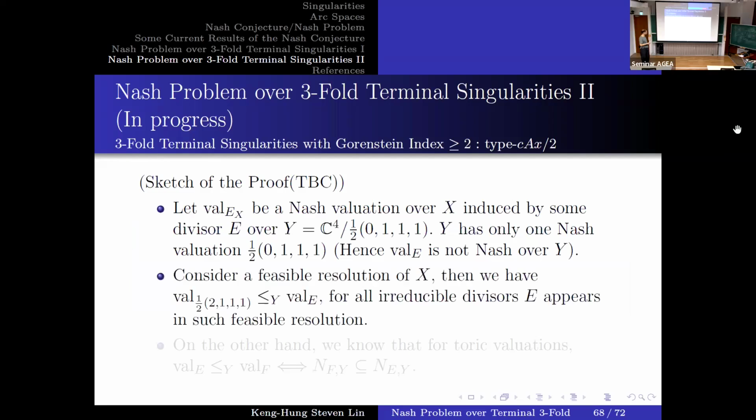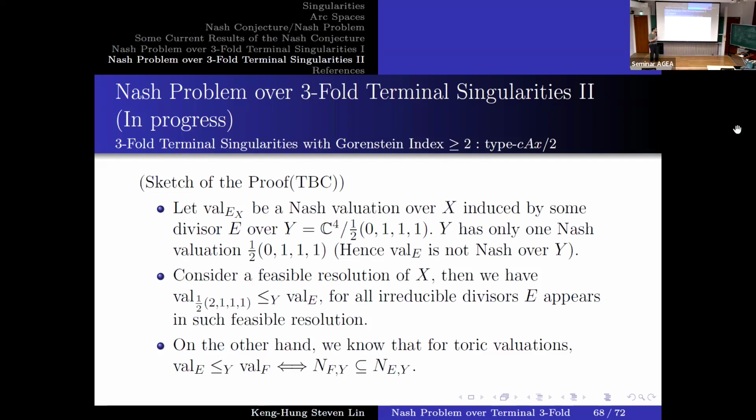The proof is like this: we know that for the ambient space Y, it is of this form, C^4 over 1/2(0,1,1,1), and this is toric, right? As a toric variety, its Nash valuation is only this one, 1/2(0,1,1,1).